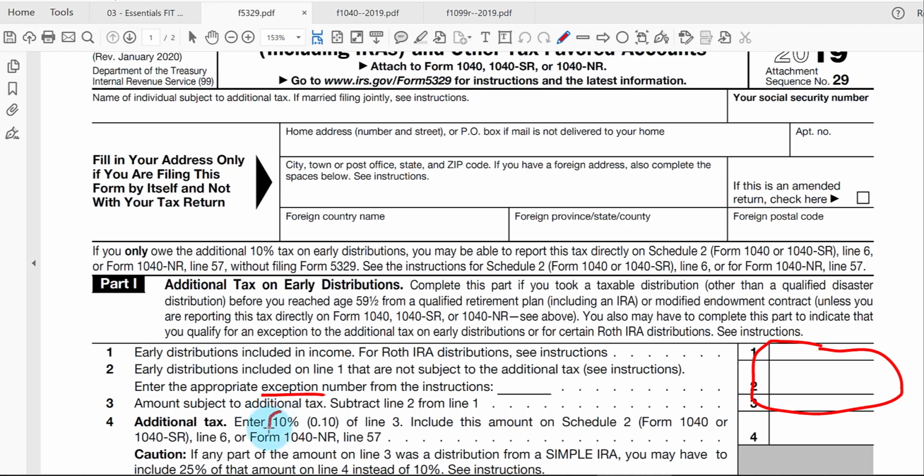And here we multiply it by 10% and then put that extra tax on Schedule 2 and then transfer it to the 1040 form to combine it with the regular income tax.